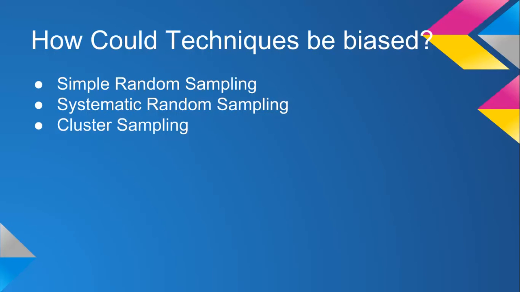Cluster sampling, another great sampling technique. So remember that's when you have people in groups. You have a bunch of groups, so everybody is in some kind of group, and we randomly select some of the groups, and we hear from everybody in the group. So classes in a school, we randomly select some classes. We take the entire class. Again, it could be biased if the groups are too big and you're only taking one group.